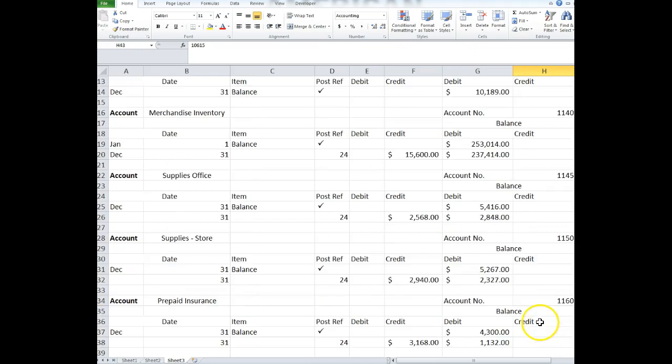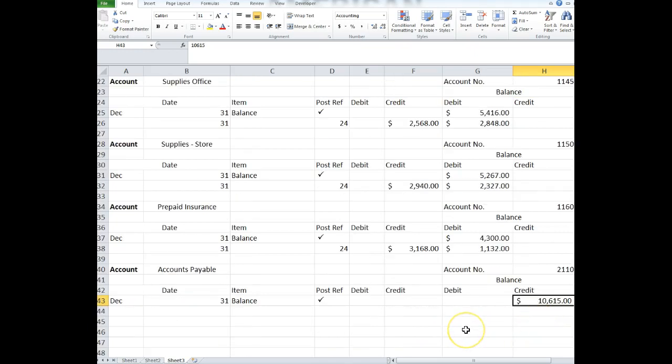Why is it a credit? Because it's a liability.